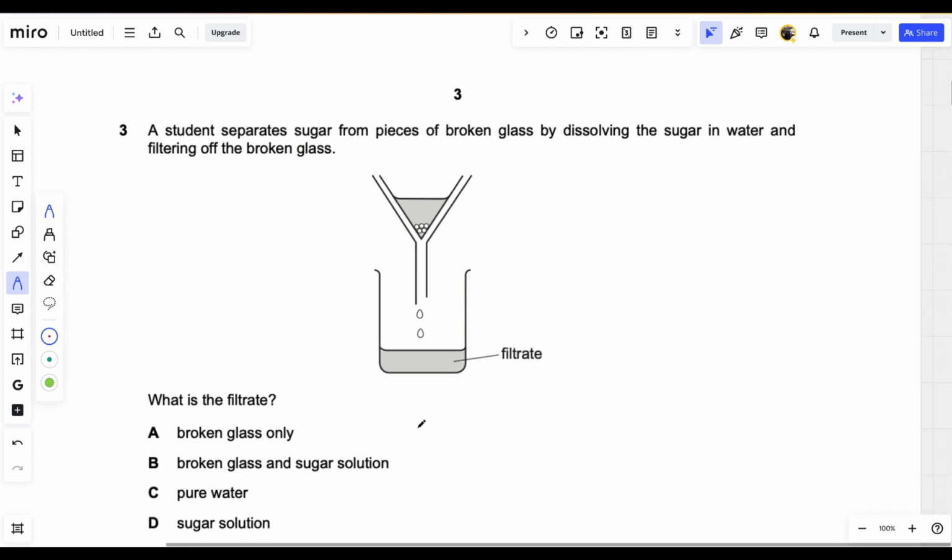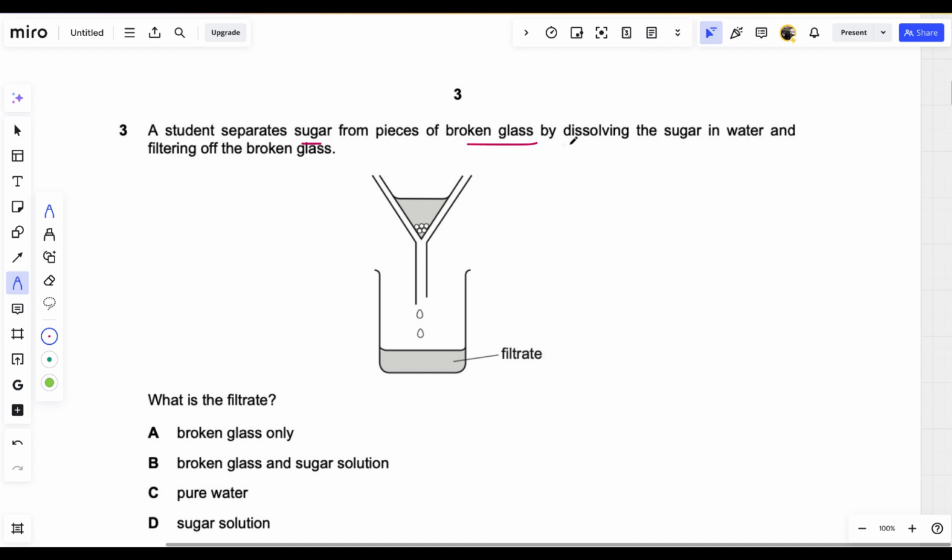Then we go to question number 3. A student separates sugar from pieces of broken glass by dissolving the sugar in water and filtering off the broken glass. This separation is easy, right? Because one is soluble in water, the other is non-soluble.